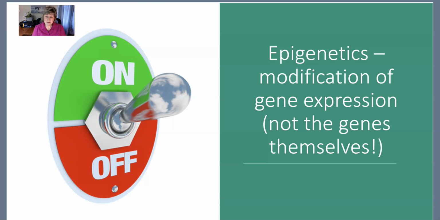We can turn off cancer cells. Wouldn't that be amazing? Oh, you have developed a type of cancer. Well, let's just fiddle with the epigenetics of these cancer cells and we will turn them off and they'll go through apoptosis and that'll be the end of them. So epigenetics is a very exciting field in genetics right now. We're discovering more and more about how genes are turned on and off.